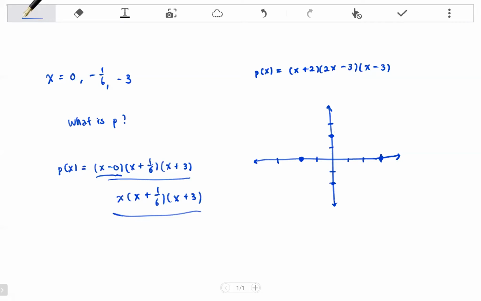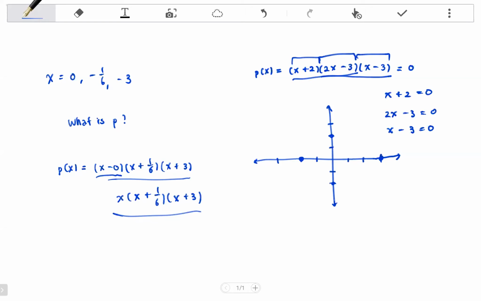Okay, so let's look at the middle one, right? It says we're given 2x minus 3. And wait, first, before that, let's think about how we get these solutions. We solve for these solutions by setting this equal to 0, right? And we use the 0 identity, which allows us to split all of these 3 things into x plus 2 equals 0, 2x minus 3 equals 0, and x minus 3 equals 0.